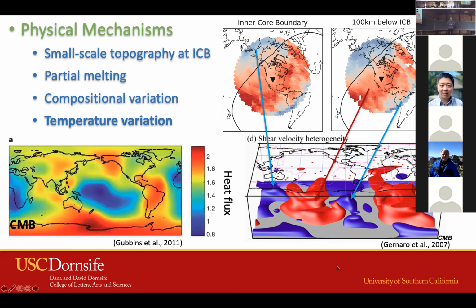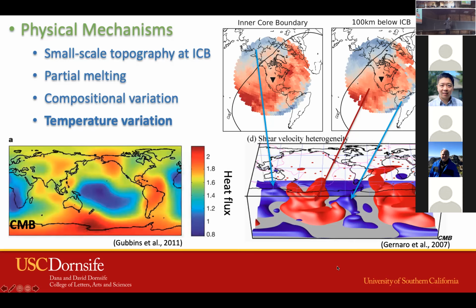And one explanation for the low shear wave velocity zone is that it has a high temperature. Because it has a high temperature, it will have a low heat flux, because the heat flux is proportional to the gradient of the temperature.